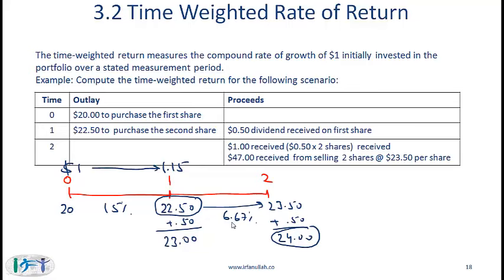This amounts to a 6.67% return, and the 1.15 that we have at the end of period 1 can then be multiplied by 1.067, and that will tell us how much this initial $1 has become at the end of period 2.